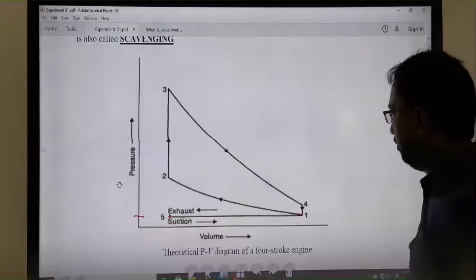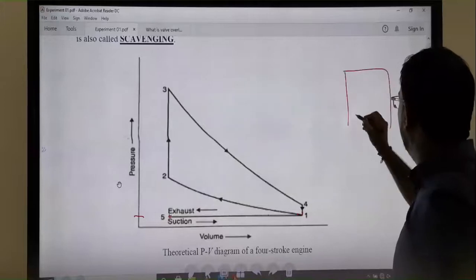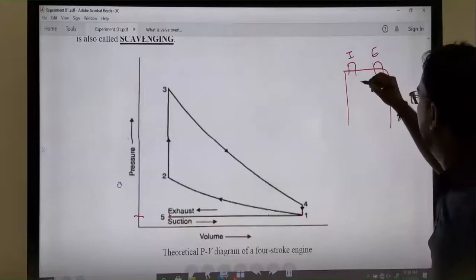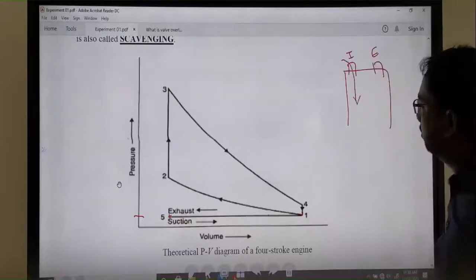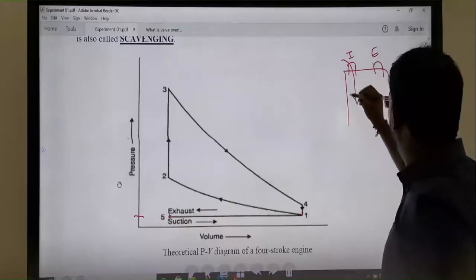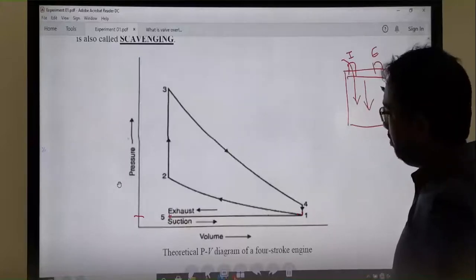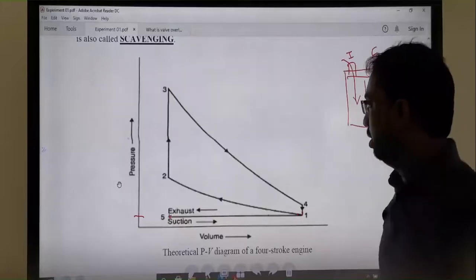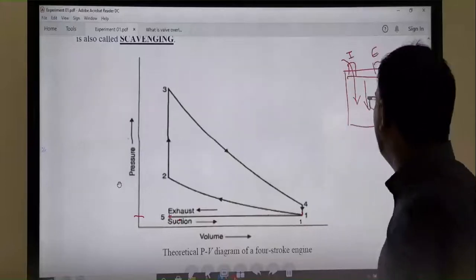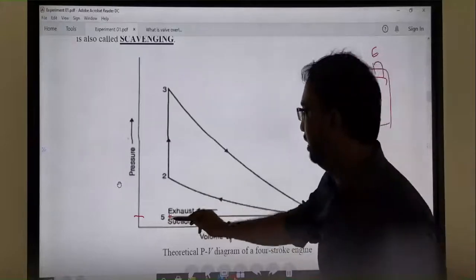When the air mixture comes into the combustion chamber, the air volume in the combustion chamber increases. So there is a gradual volume increase, but there is no pressure compression process, so the pressure is constant.